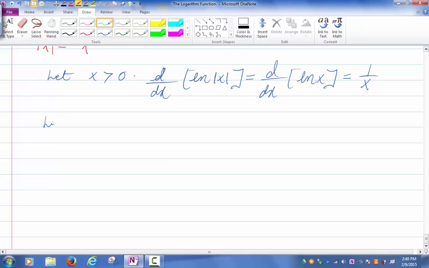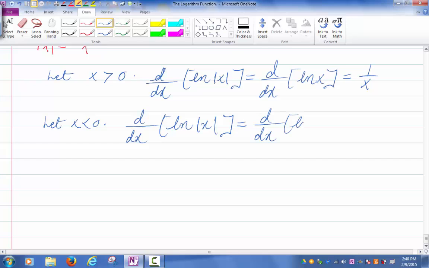Now let x be negative. Then the derivative with respect to x of ln of absolute x is the derivative with respect to x of ln of negative x. Now I have to apply the chain rule, right?